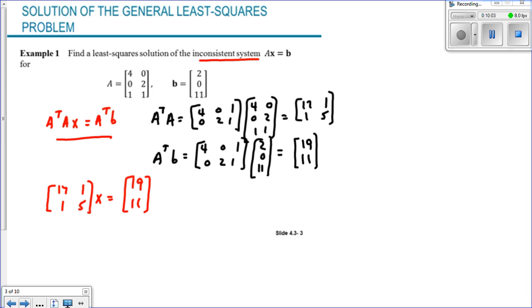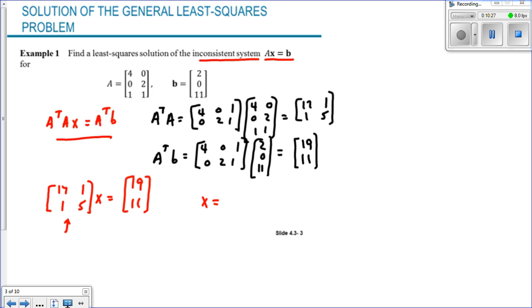So now to find this solution, x will be the solution which corresponds to the least square solution of this equation. To solve this, we can either row reduce the augmented matrix, or because I see that this matrix does have an inverse, a quick check, the inverse of it does exist. So let's find the inverse.